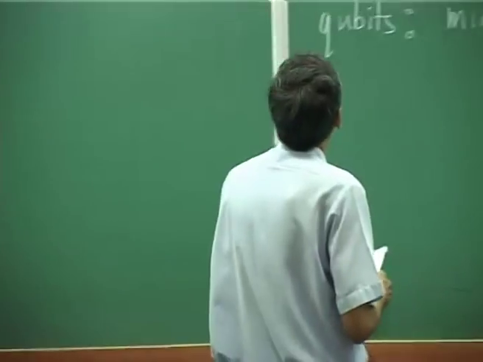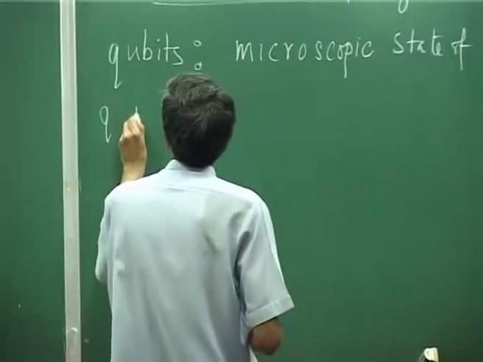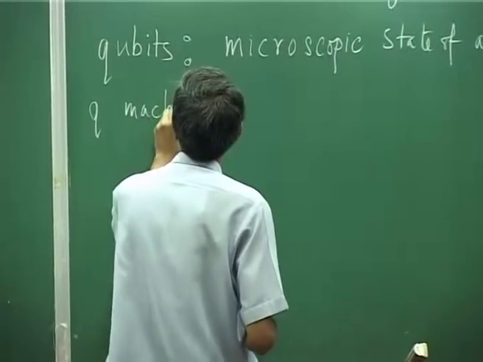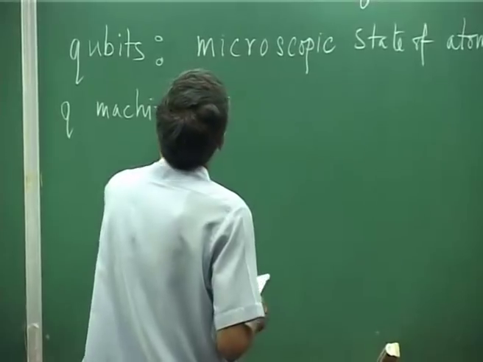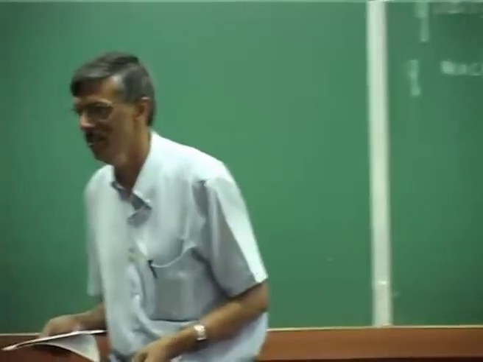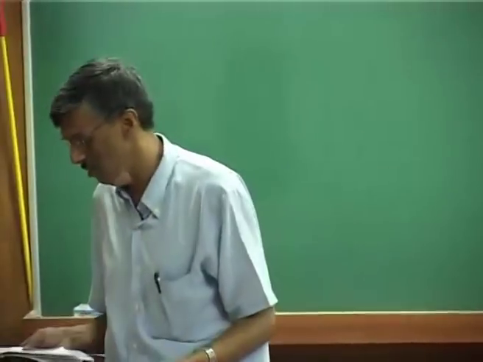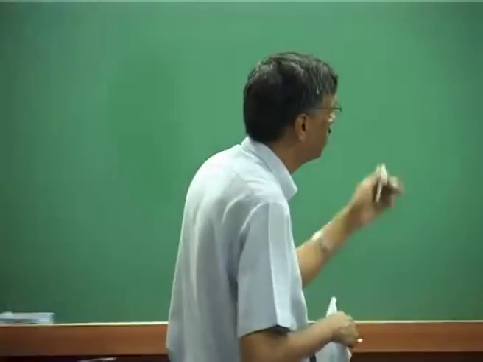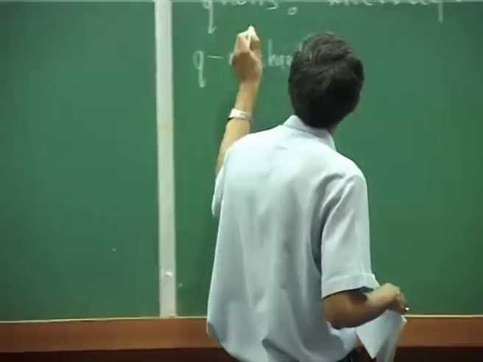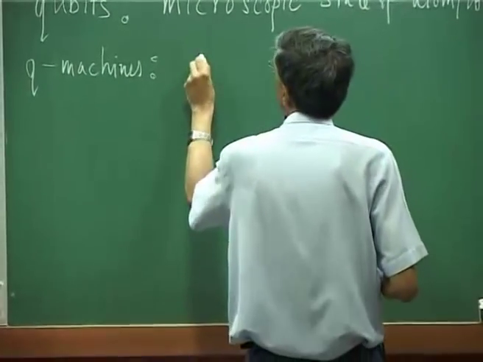So, it immediately suggests to you that quantum machines would be best suited for problems of that kind. For example, if you want to simulate some quantum system, then you should use a quantum machine.